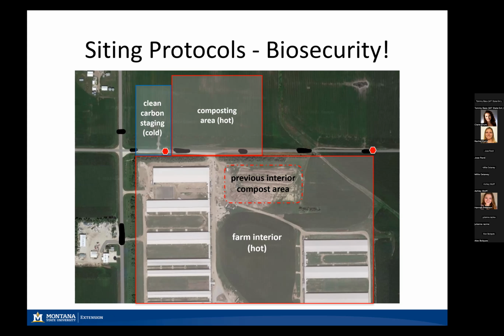It was the cold zone. So as manure, birds, etc., was brought from the interior of the farm to the composting annex here, clean carbon could be loaded over the line of separation, pushed across the line of separation, but this blue box stayed clean, okay? And then there were other pieces of equipment in here to grab the clean carbon and build those compost windrows.